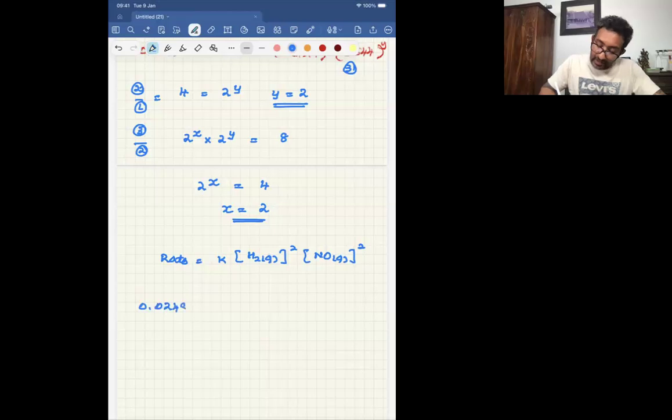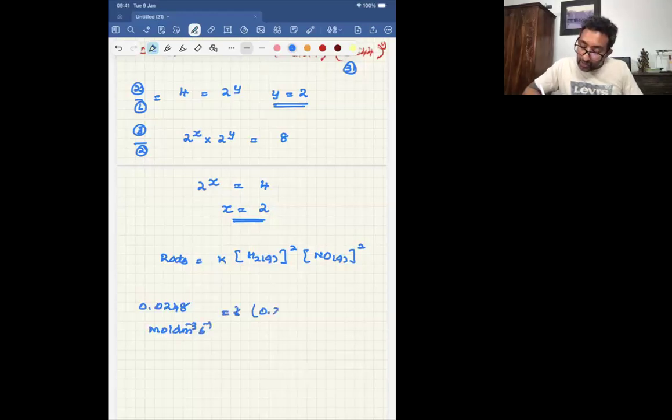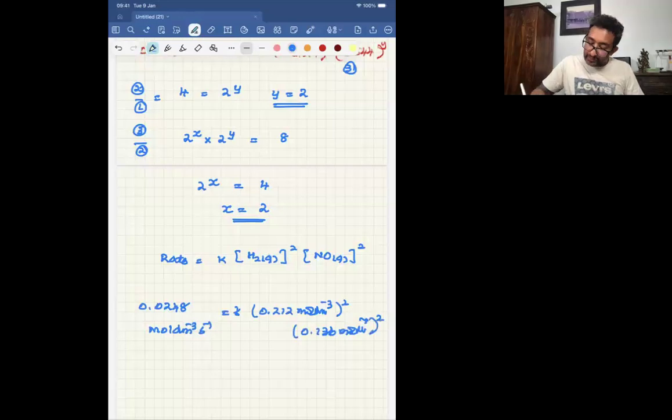0.0248 moles per cubic decimeter per second is equal to k times 0.212 moles per cubic decimeter to the power 2 and 0.136 moles per cubic decimeter to the power 2.